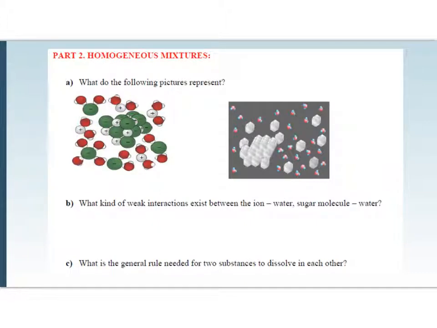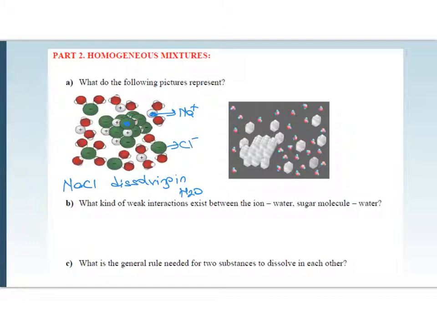Okay, now just look in detail at the homogeneous mixtures. Now, what do these pictures represent? The first one represents sodium chloride dissolving in water. Now you see some pluses here, you have minuses here. These pluses just represent the sodium plus ones, and these minuses are chlorine minus ones.